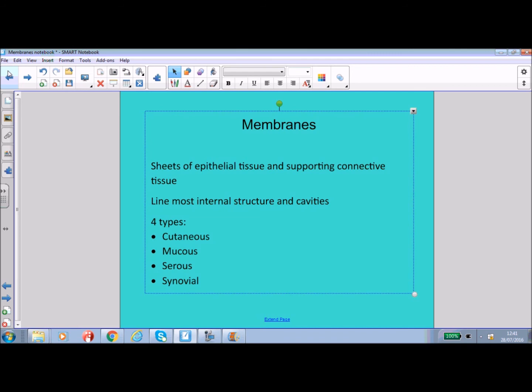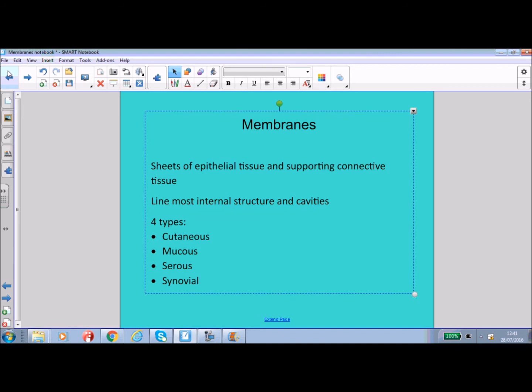Then we have a serous membrane, which is a sac of watery liquid, and that's found protecting organs to allow them to move within their cavity without friction. And then lastly, we've got synovial joints, which are between movable bony joints, and it creates a sac or a capsule of sort of oily material to stop friction there.